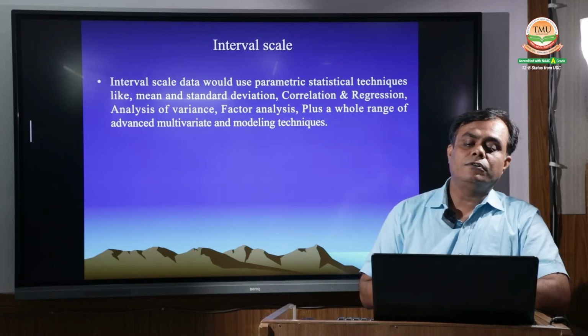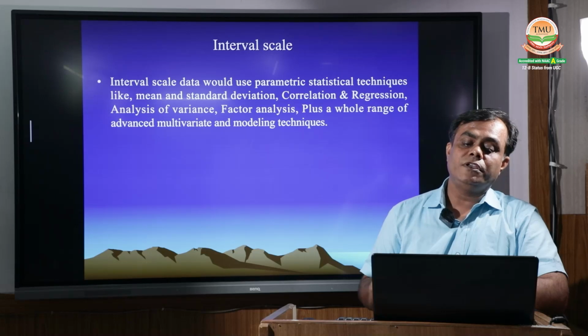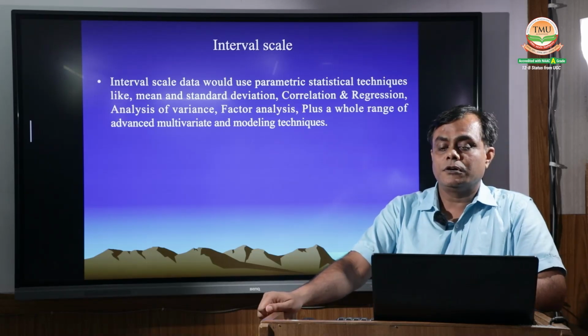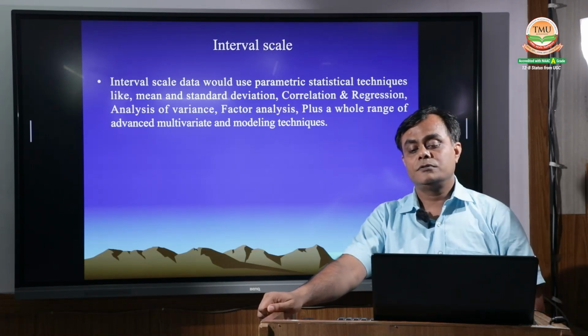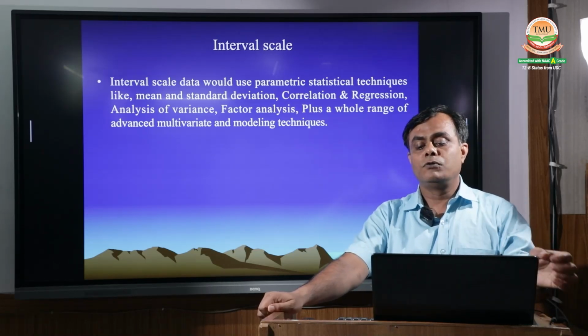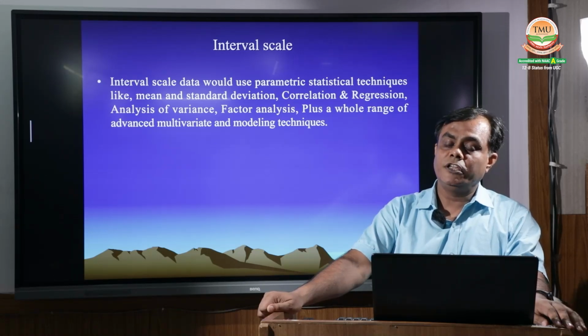Interval scale data would use parametric statistical techniques like mean, standard deviation, correlation, regression, analysis of variance, factor analysis, plus a whole range of advanced multivariate and modeling techniques.